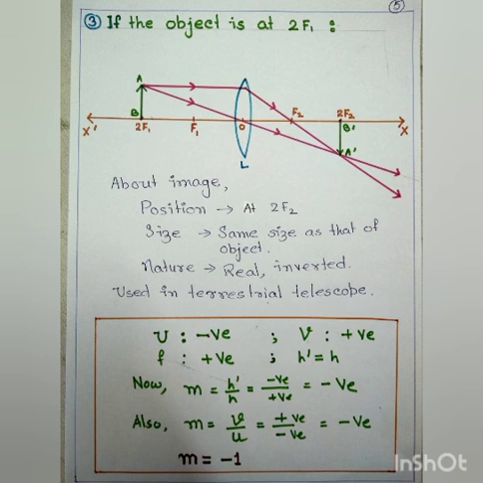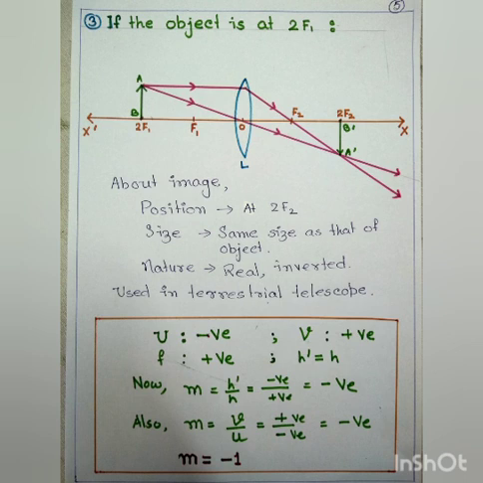So see here, if the object is at 2f1, if you follow the theory to draw the ray diagrams, first we will consider two rays. One ray is parallel to the principal axis and after refraction it will pass through f2, and another ray which is passing through the optical center will not deviate.